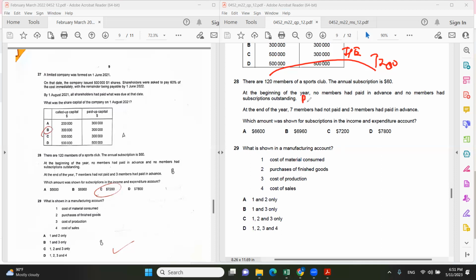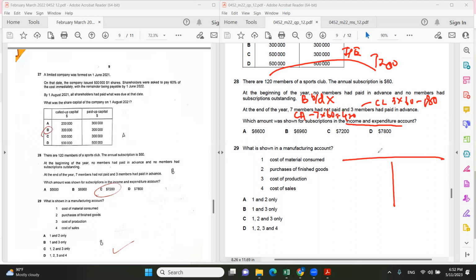That means there is no balance b/d on the debit side or credit side. At the end of the year, 7 members have not paid. This is a current asset. Not paid means asset. So you take 7 times 60, which is 420. Whereas 3 members paid in advance. This is a current liability. 3 times 60, 180. So which amount was shown for the income and expenditure account? The key thing is income and expenditure.